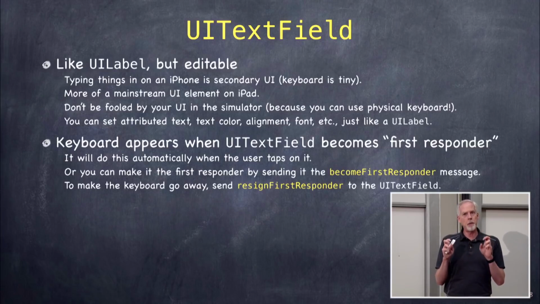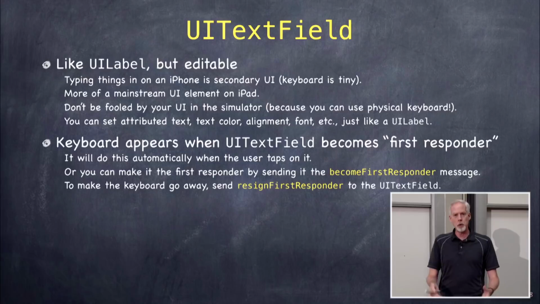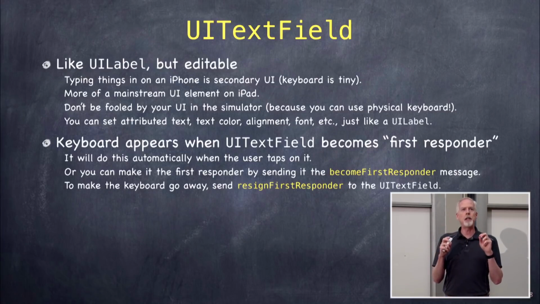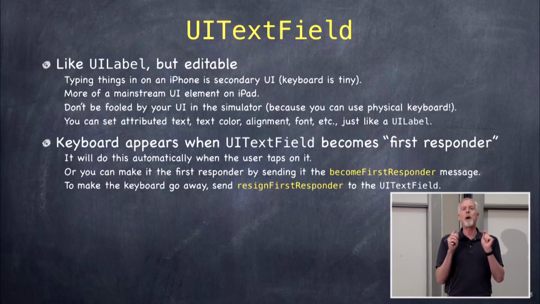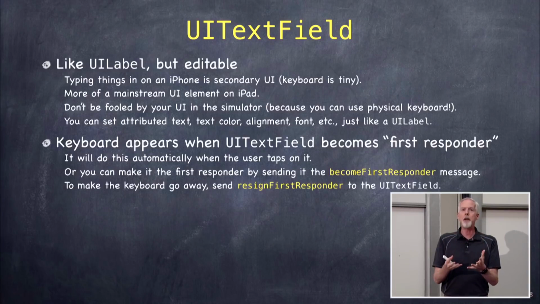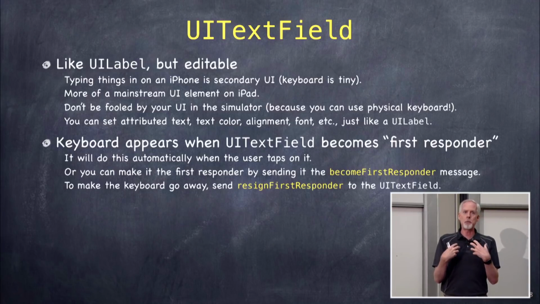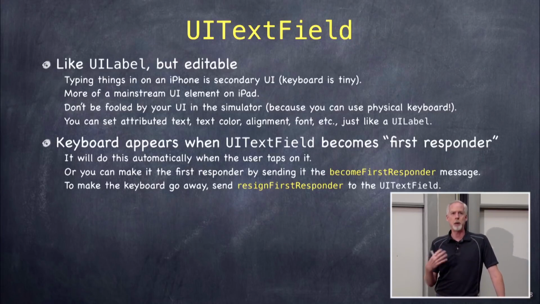As soon as something becomes first responder, the keyboard will appear. All right? So become first responder is a method you can send to a text field, and it will cause it to be the first responder, which will cause the keyboard to come up. Similarly, if you send it resign first responder, it will stop being the first responder and the keyboard will go away. So that is how you make the keyboard come and go in iOS, by making things become and resign first responder. Okay?